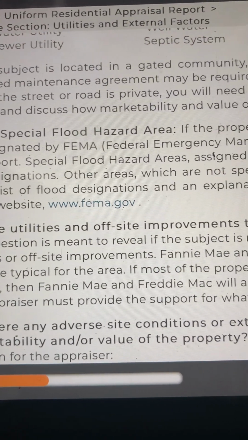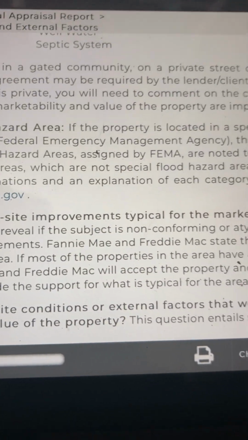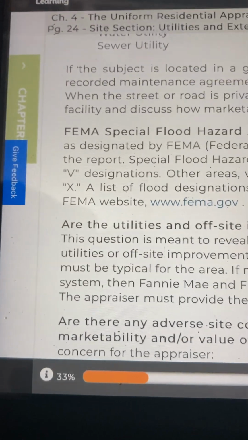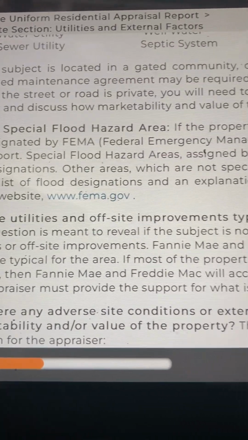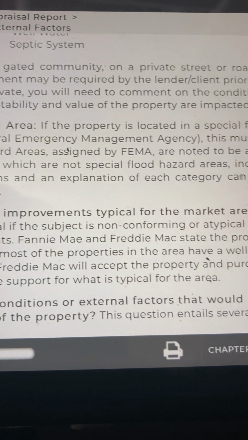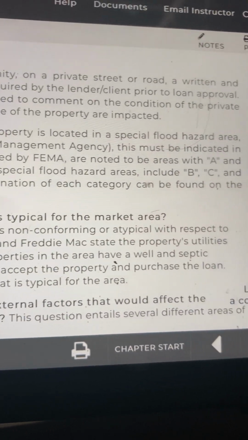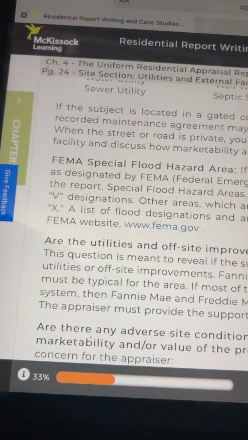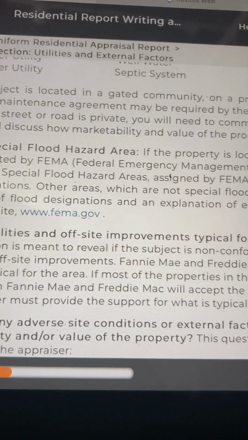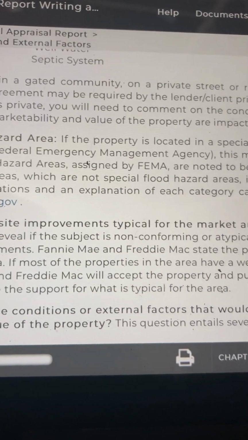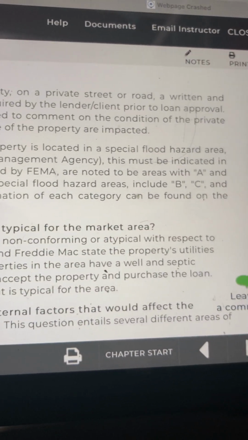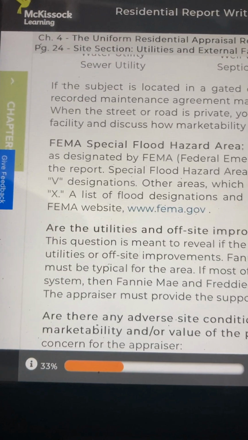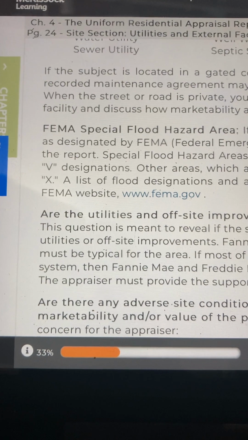FEMA Special Flood Hazard Area. If the property is located in a special flood hazard area as designated by FEMA, Federal Emergency Management Agency, this must be indicated in the report. Special flood hazard areas assigned by FEMA are noted to be areas with A and V designations.